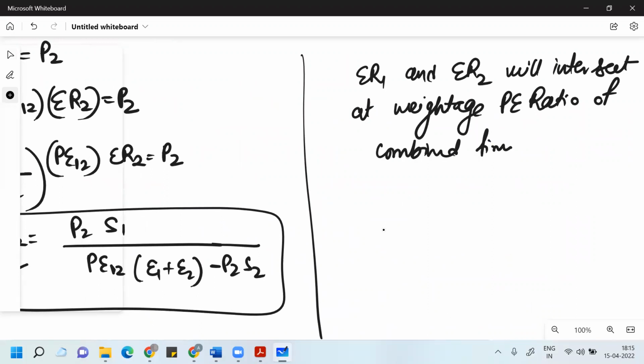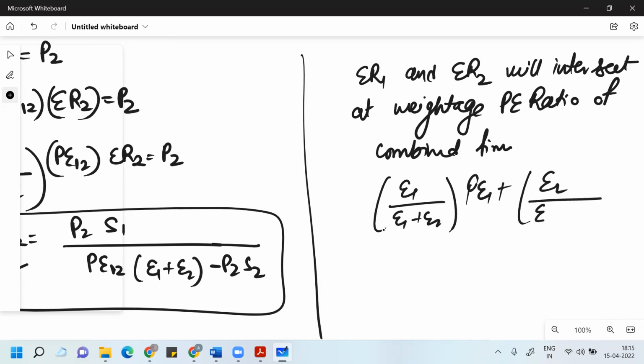So for that, find E1 by E1 plus E2, that is the weight of earnings, into the PE ratio of the first firm, plus E2 divided by E1 plus E2 into the PE ratio of the second firm.